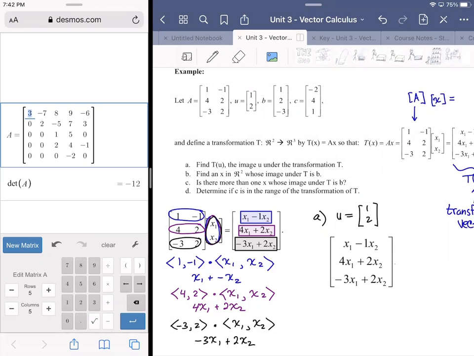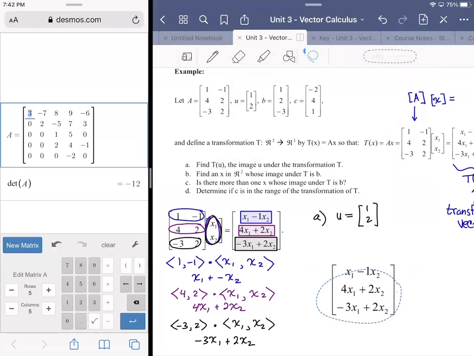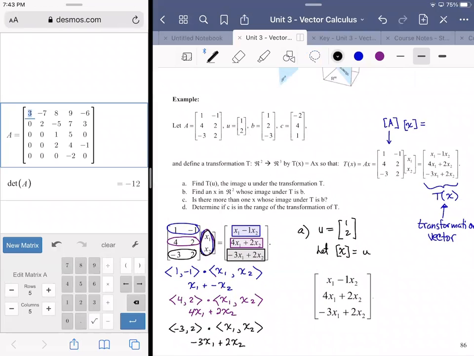So if I let U and X be the same thing, if I let X equal U, then I can replace x1 with a 1, x2 with a 2, and then just carry out the substitutions.